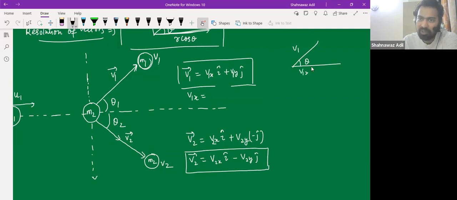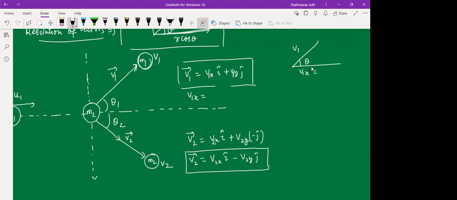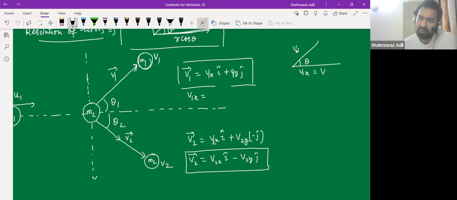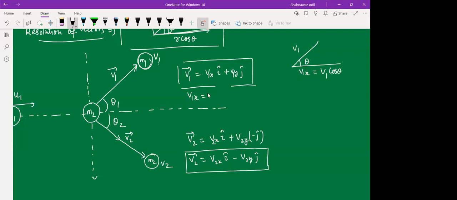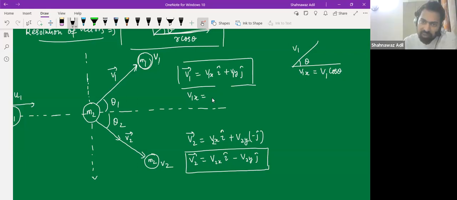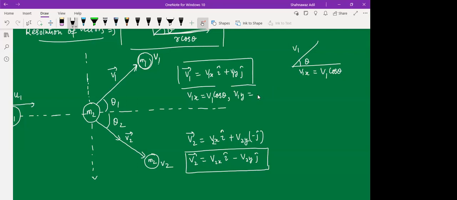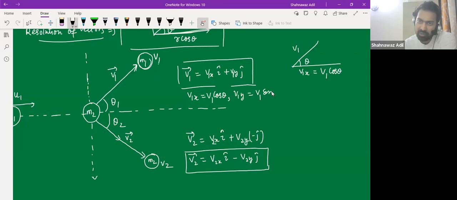So what would this be? v1 cos theta. Right, everyone clear? So this is v1 cos theta. And what is v1y? v1 sin theta. Absolutely right. Good, so this we have.